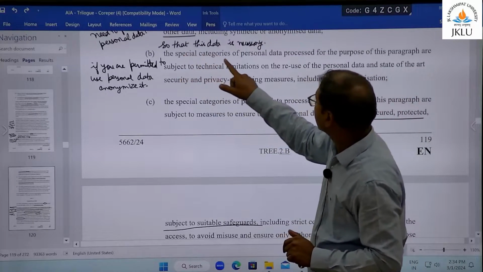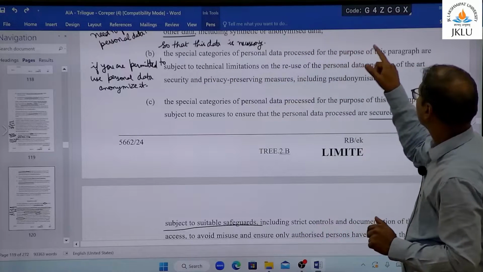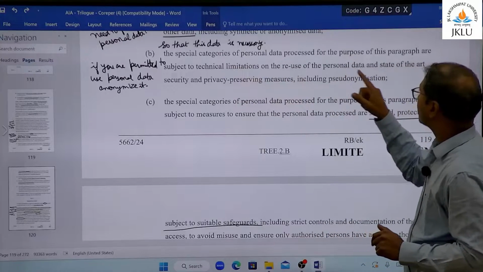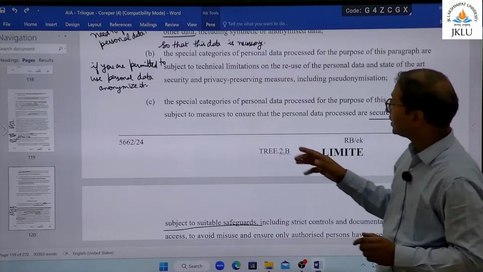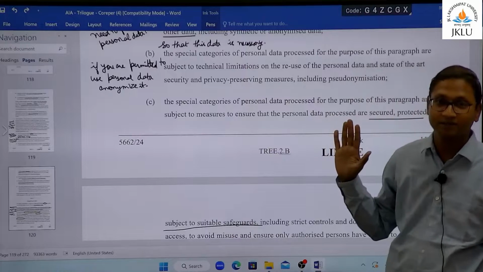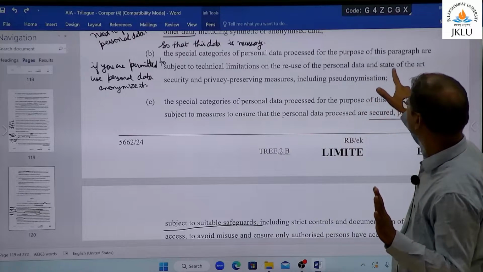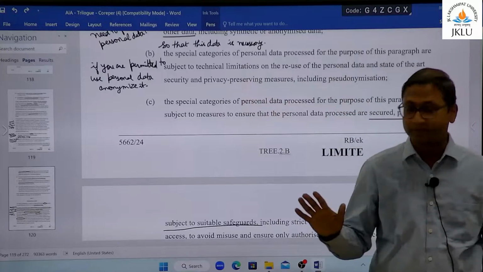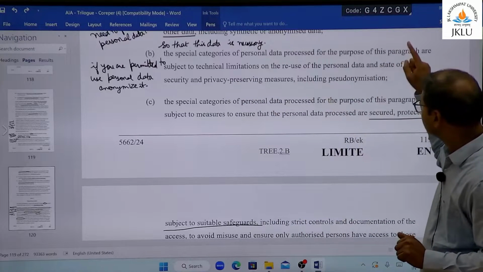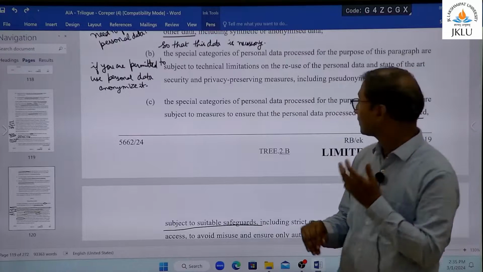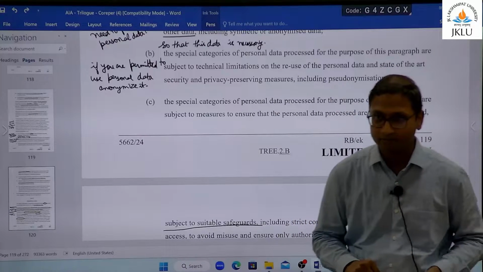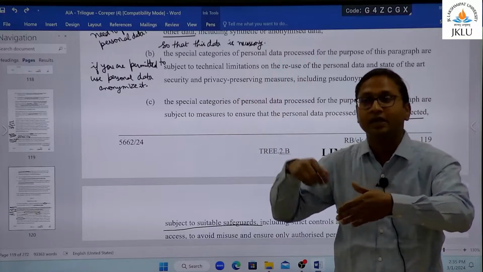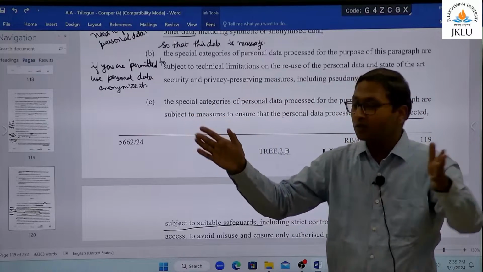The special categories of personal data processed for the purpose of this paragraph are subject to technical limitations on the reuse of personal data and state-of-the-art security and privacy preserving measures, including pseudonymization. So anonymization, you can't anonymize everything completely.